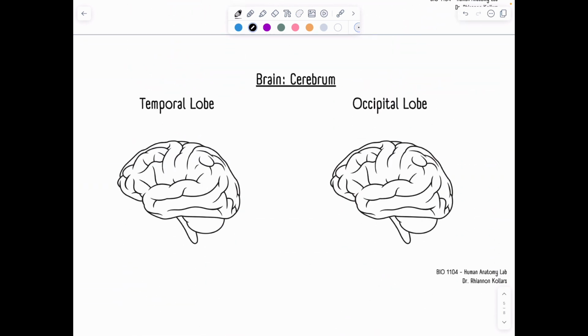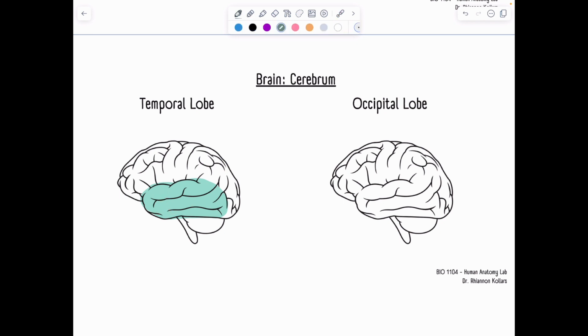Underneath our frontal and parietal, we have our temporal lobe, right here. There is a superior temporal, an inferior temporal, and a middle temporal gyrus that we see here.